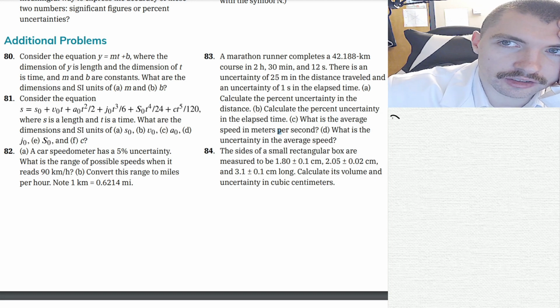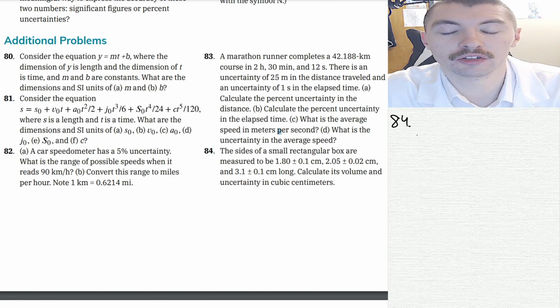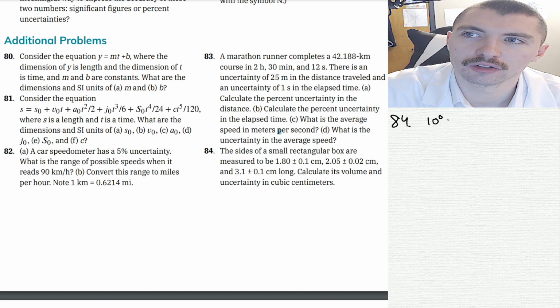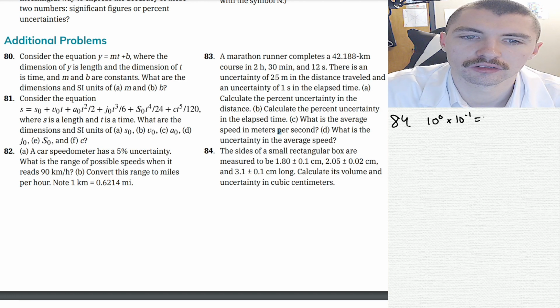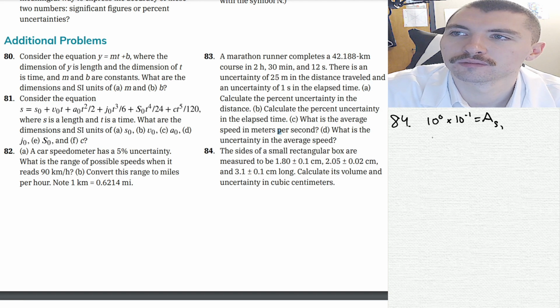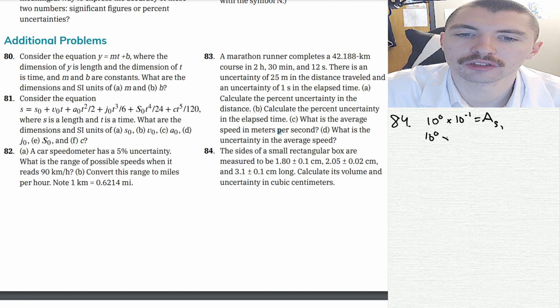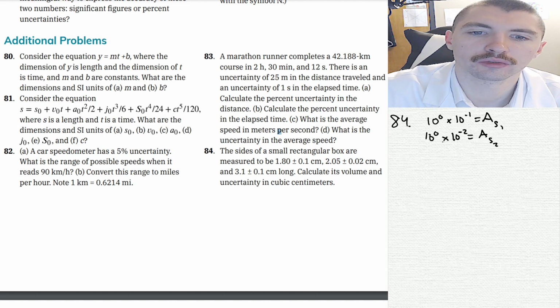Alright, the sides of a small rectangular box are measured to be 10 to the 0 times 10 to the -1, area of side 1. Okay, 10 to the 0 times 10 to the -2 equals area of side 2.